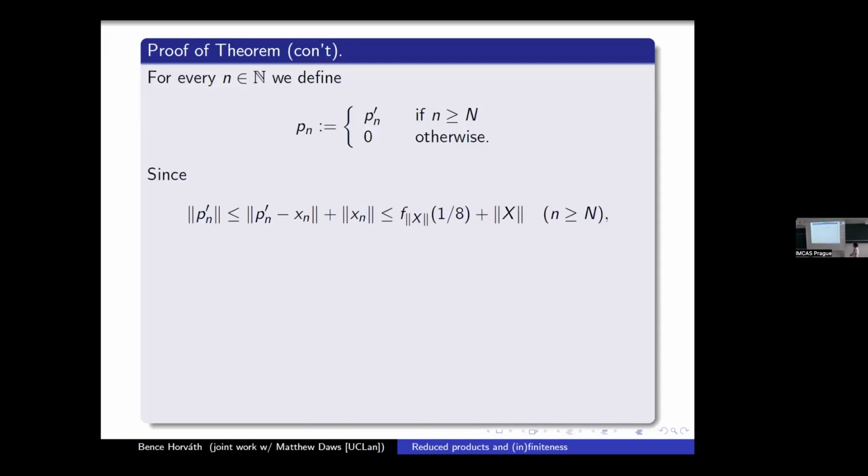Then you want to collect these P_n's into a big vector in L infinity of the A_n's, so you need to bound them first to see that you can do this. I'm using the bounds on the previous slide. We bounded this with this term, and this is of course the sup norm of these guys. So you can indeed form this capital P out of these P_n's, and this will be a legitimate idempotent up here.